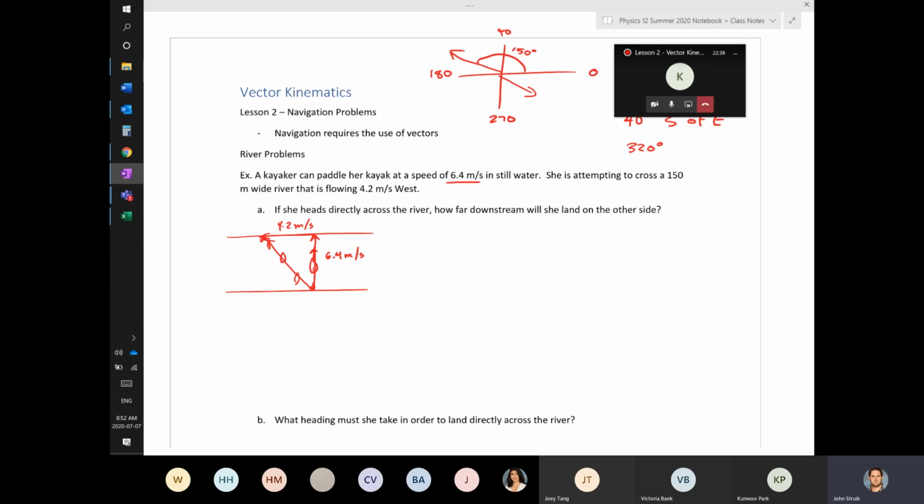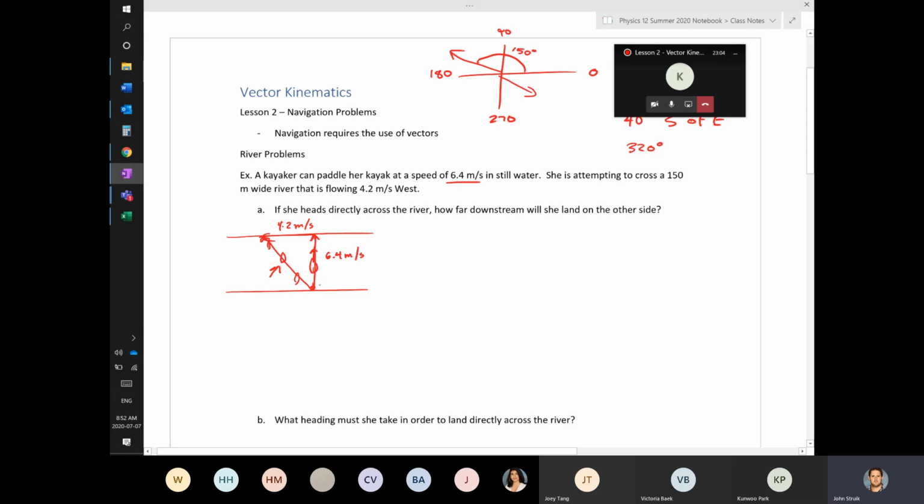It doesn't matter that she's being brought downriver. Yes, her total speed will be more. If you were on the side of the river, you would see her going faster than 6.4 and faster than 4.2. You would see her doing this velocity right here. But it doesn't matter in terms of perpendicular vectors. Because they're perpendicular, they are unaffected by each other.